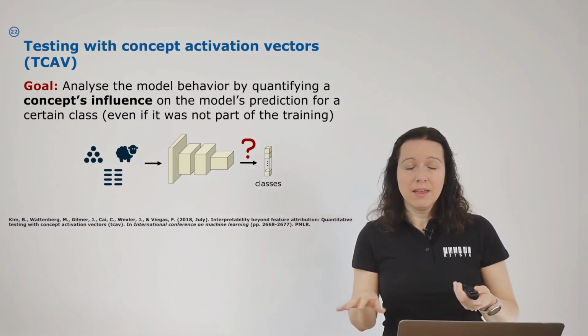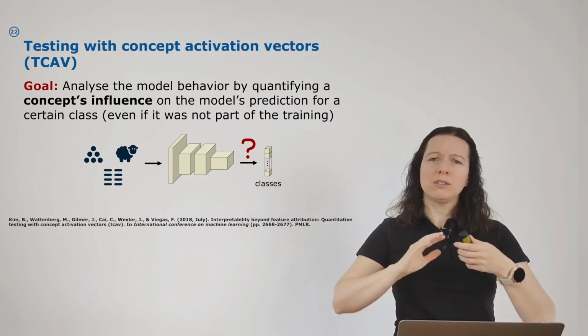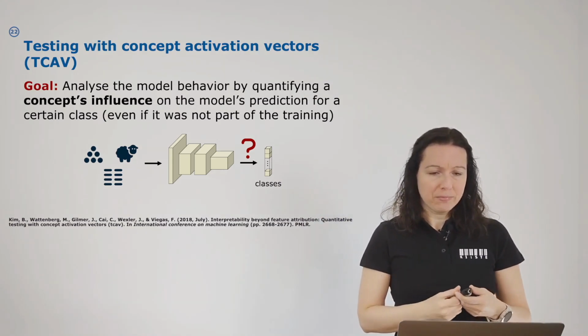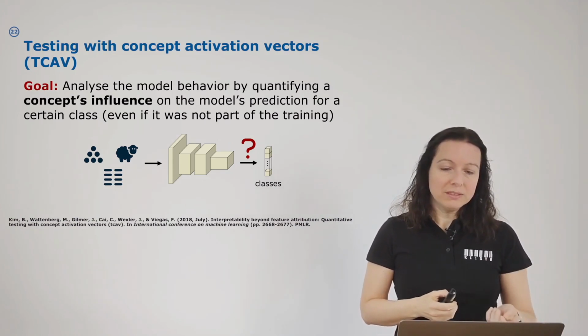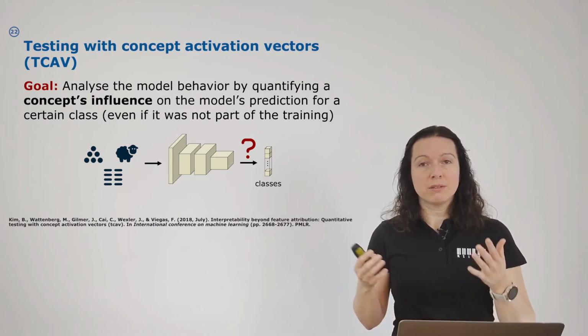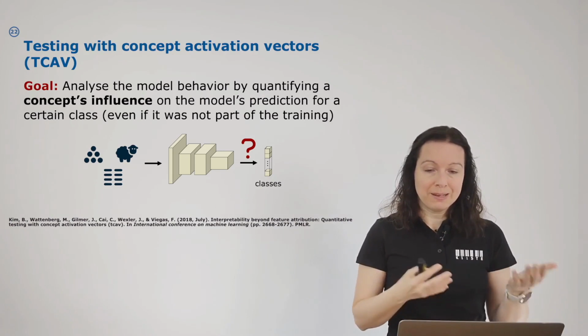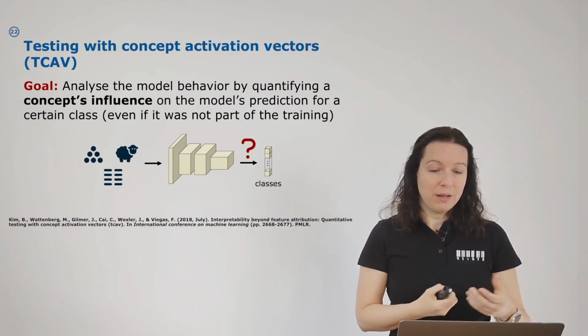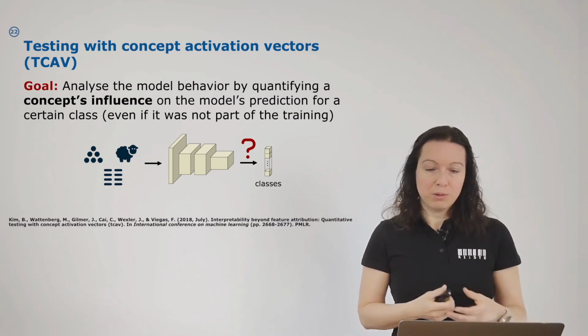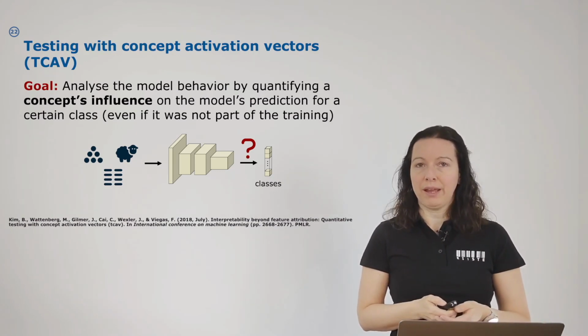In some applications, for some research questions, this can be quite helpful. What is good is that TCAV describes the relationship between a concept and a class instead of explaining a single prediction. Therefore, it provides a global interpretation of a model's overall behavior.